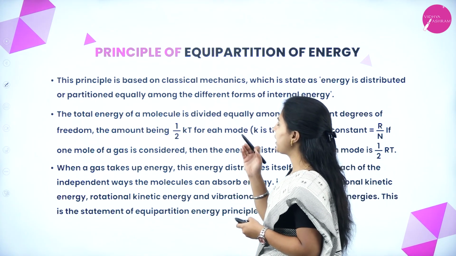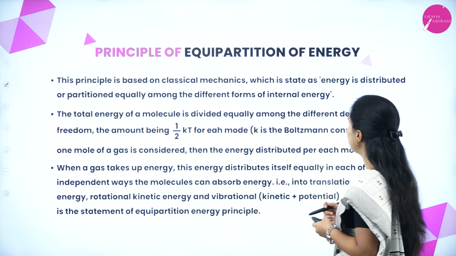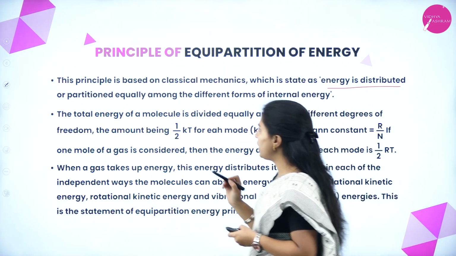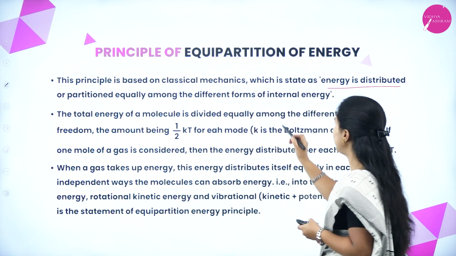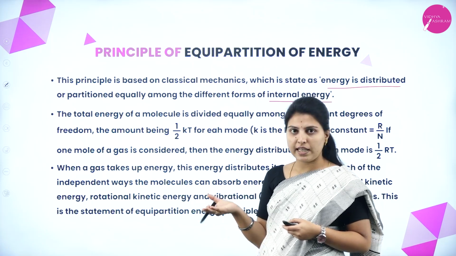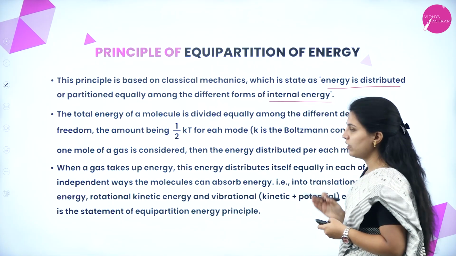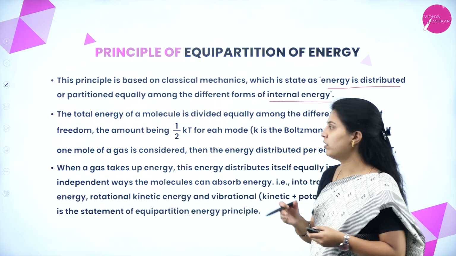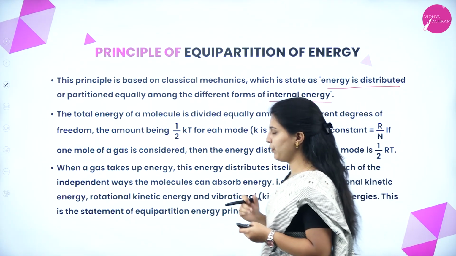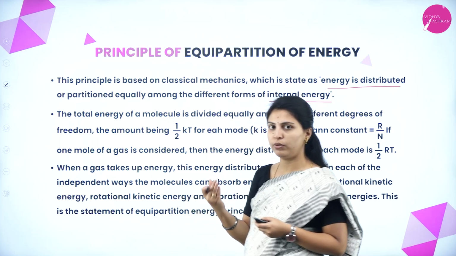This principle is based on classical mechanics, which states that energy is distributed or partitioned equally among the different forms of internal energy. We now know what internal energy is and how it is measured.